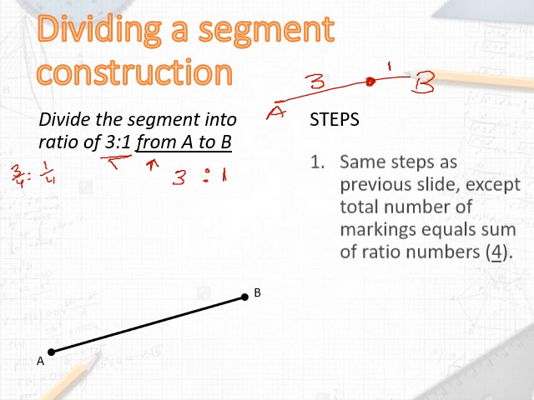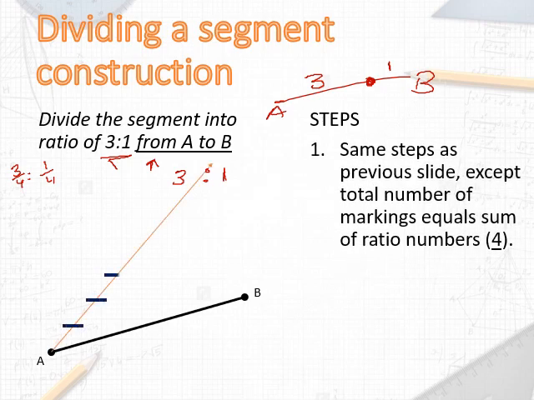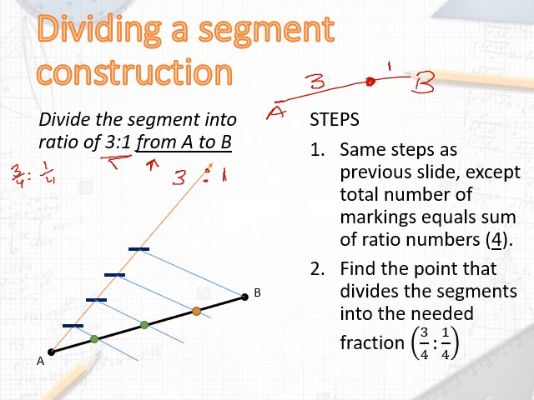So how are we going to do this? We're going to divide it into 4 equal pieces because we said we want fourths. And then put all those points of intersection. So why 4 pieces? Because there was 3 parts and 1 part, total 4 parts. So if we divide it up into 4 equal pieces, that's going to help us out here. And then we have to pick the point that actually divides the segment the way we want to.